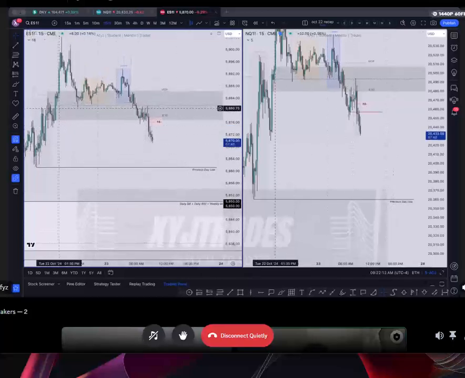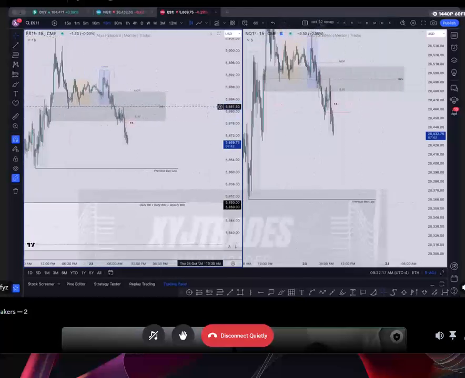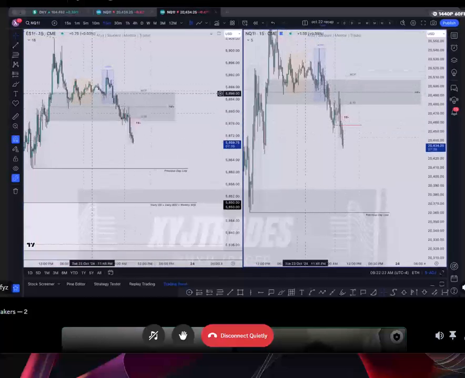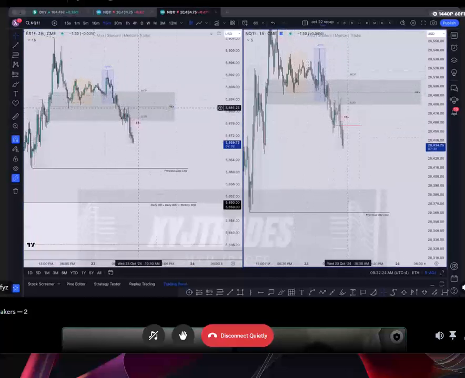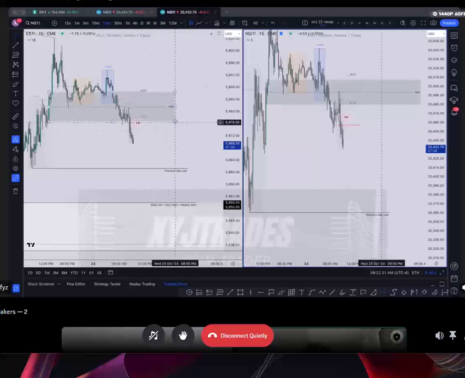For example, on my chart here, this gray box is a 4 hour bullish fair value gap, okay? As you can see, as price moves into this fair value gap or area of fair valuation, we do not get an associated bullish response on the indices, therefore making it very likely that price will not find support inside of this inefficiency, right?